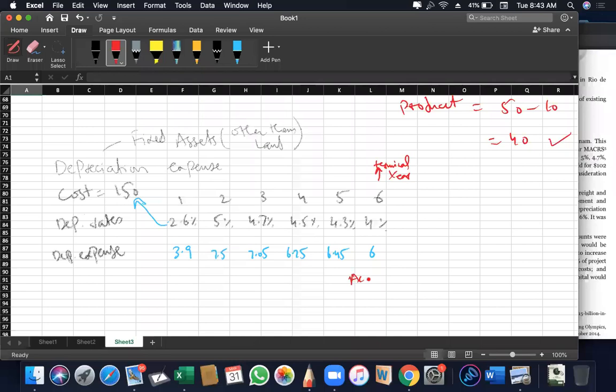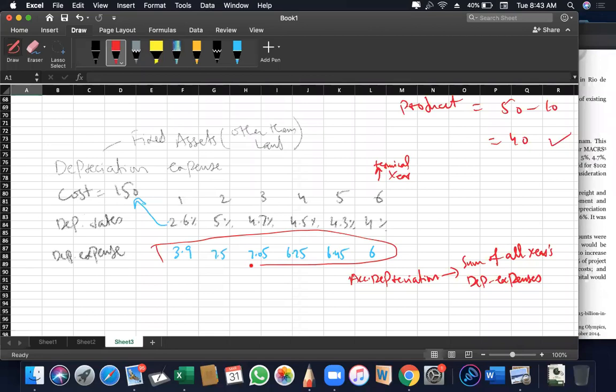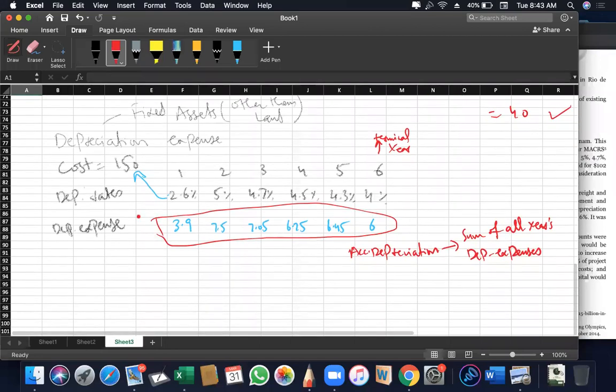For book value, we will find accumulated depreciation, which is the sum of all years' depreciation expenses. So add all of this. It is 37.65.